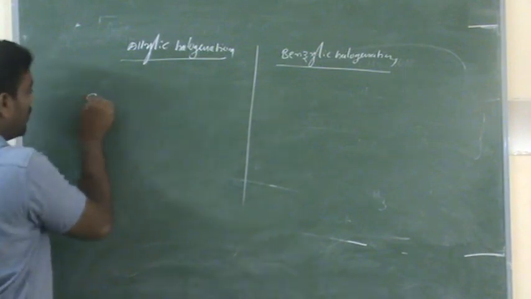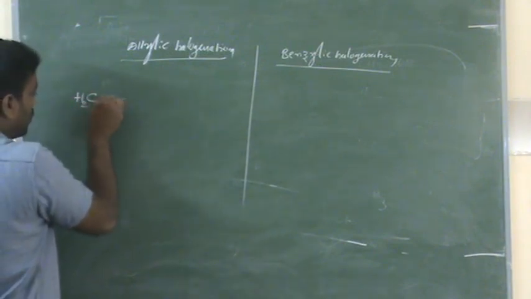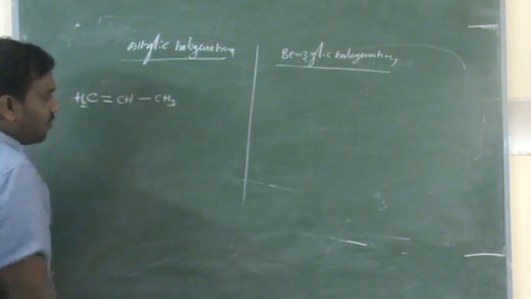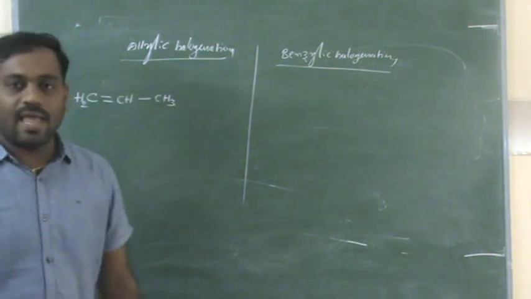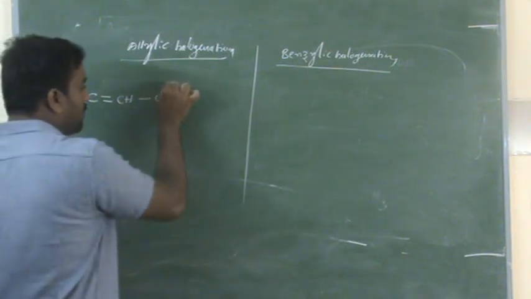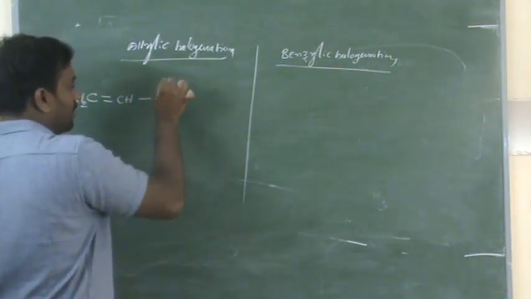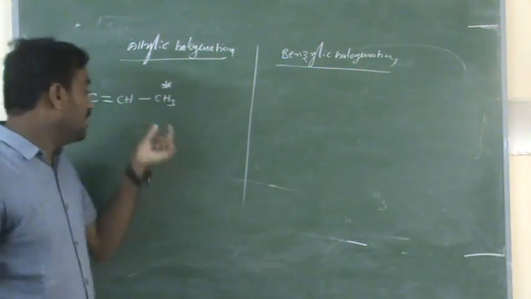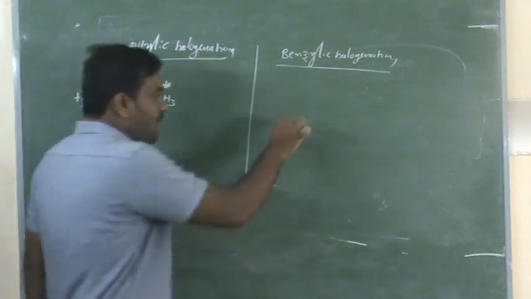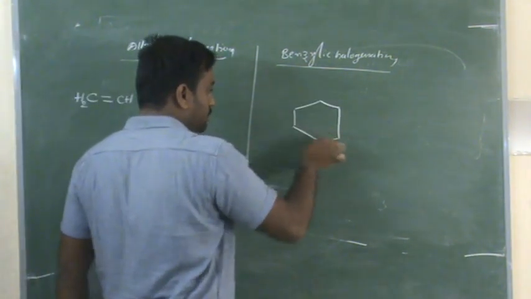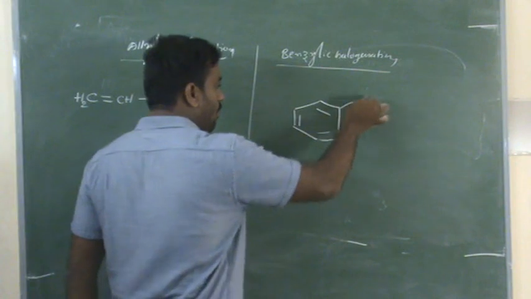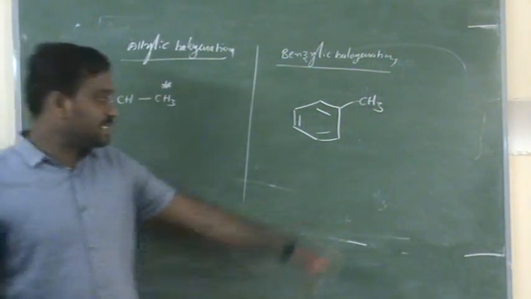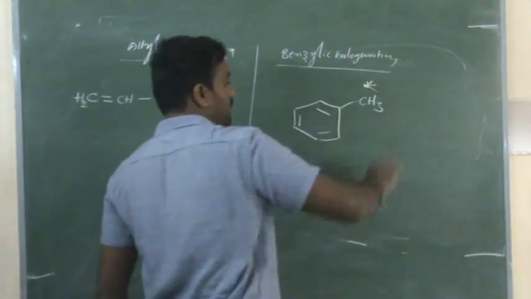For example, if you take this molecule, what I have marked here is called the allylic position. We already discussed this classification. This is the allylic position. If we come to this molecule, this is called the benzylic position.